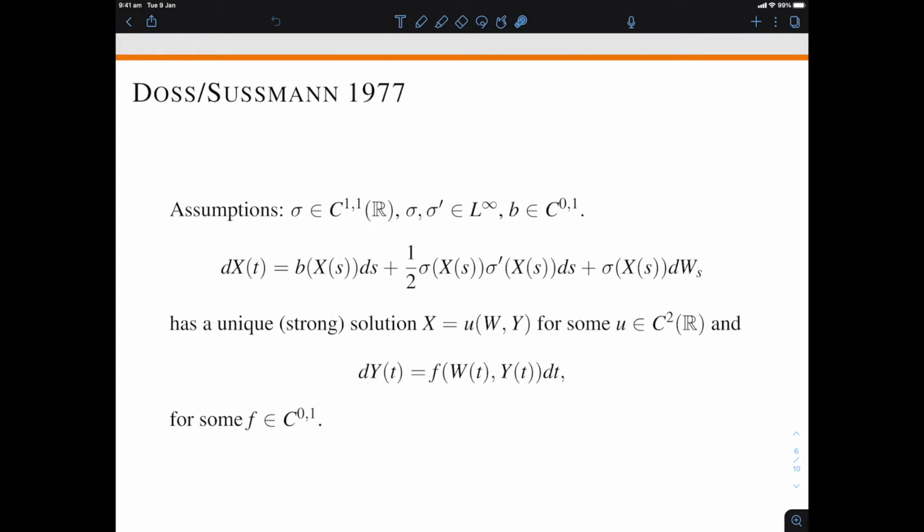What one can do sometimes is change the Brownian motion in a way that incorporates the drift term, such that we turn this SDE that involves both ds and dW_s into an equation that only involves dW_s. That's called the method of removal of drift. And this is particularly helpful if you want to handle sigmas that are still reasonably nice, but b's that are not.